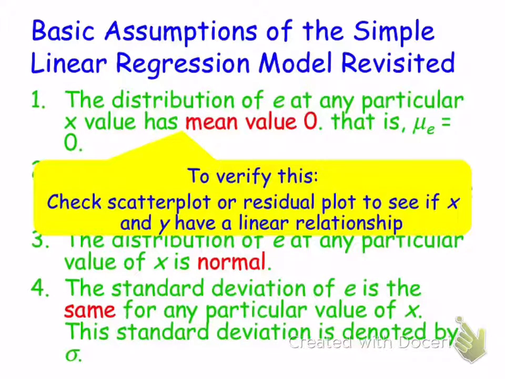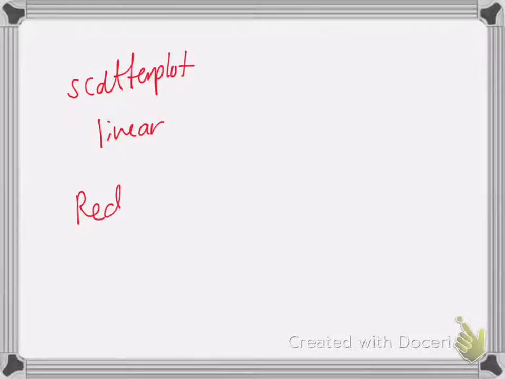And you want your residual graph to be what? Dots. I want it to be randomly scattered, right? So you make your y list residuals. You want your scatter plot to be linear, and you want your residual plot to be scattered.